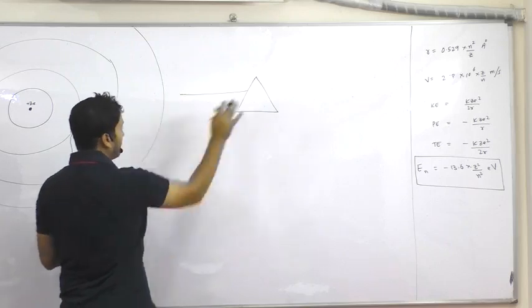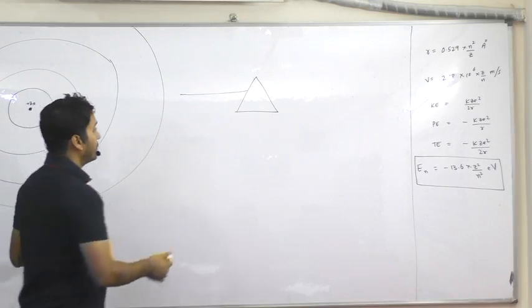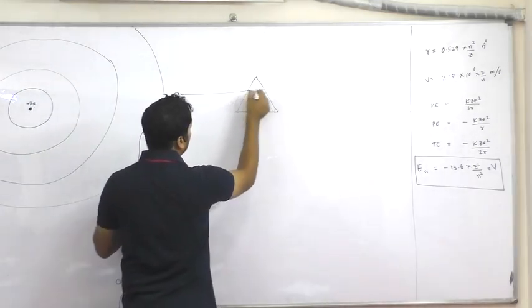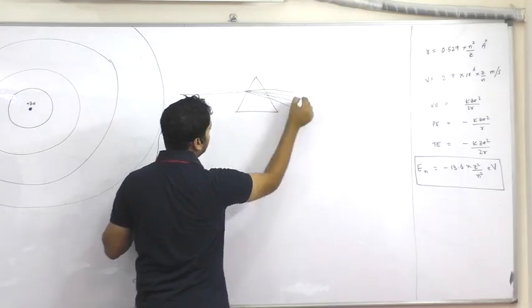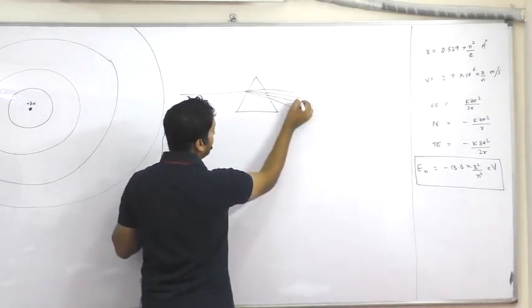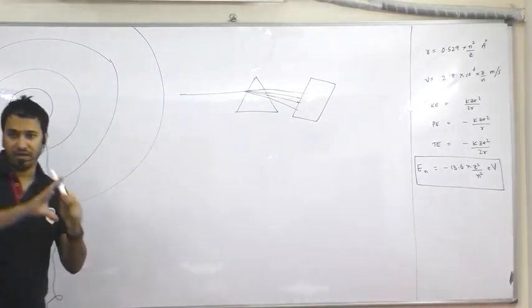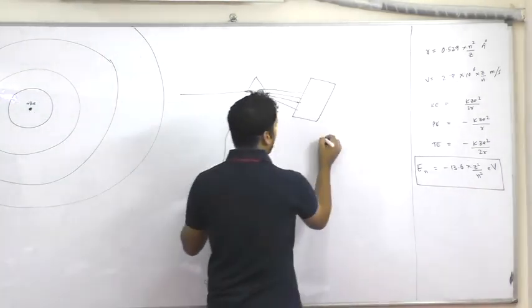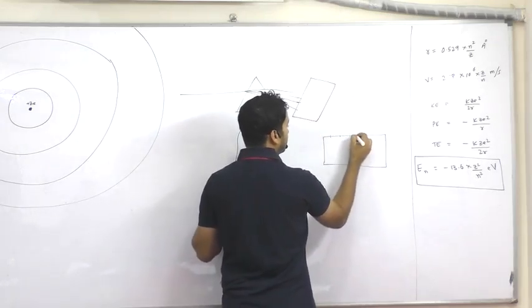If you allow electromagnetic waves made up of many different wavelengths and many different types of photons to pass through a prism, what happens? This light splits, and if I place a photographic plate over here, I can record my observation. What will you notice on this plate? You will notice bands.